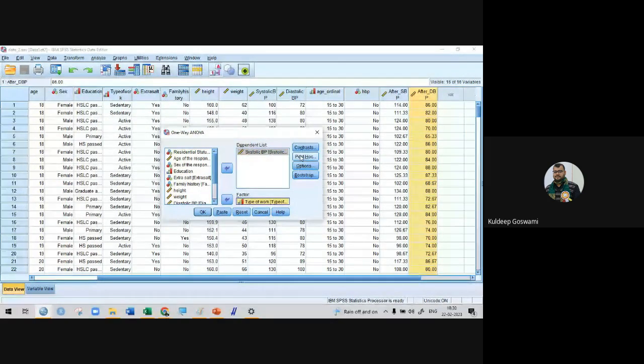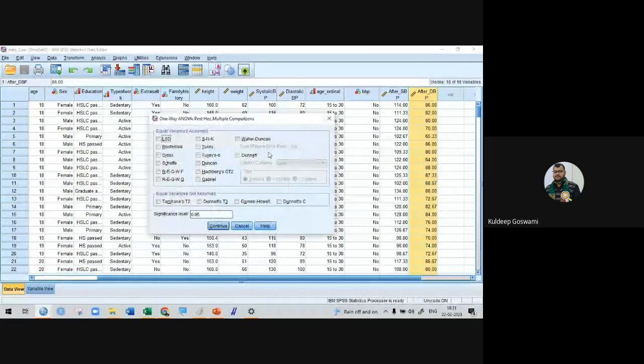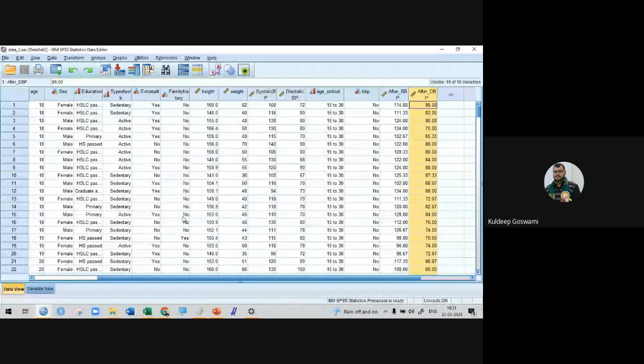There is an option Post Hoc on the right side after Contrast. Click on that. Click Tukey and Duncan. These are two different testing procedures, and mostly used for post hoc or multiple comparison analysis. Click on these two and then click Continue, then press OK.